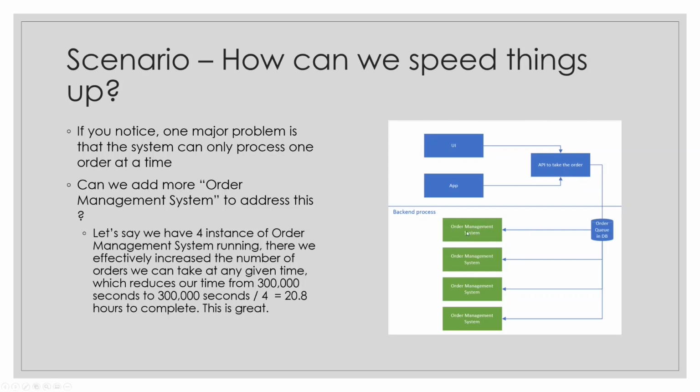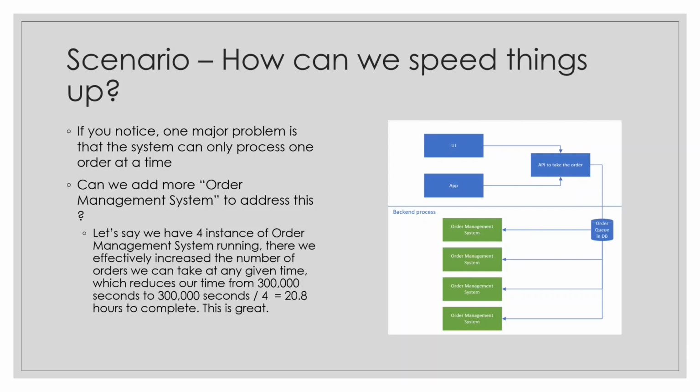For example, the first instance will pick up the first order, and then the second one will pick up the second order, and the third one, and then the fourth one, and so on. It will be tricky to configure in a database, but we can use some sort of locking to make sure that an instance doesn't process the order twice, and there are various mechanisms to do that.